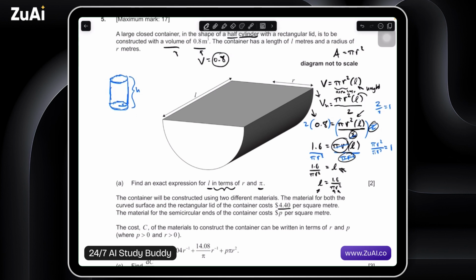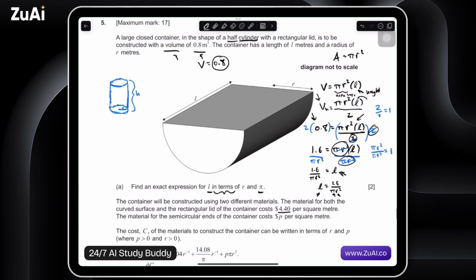So, let's see. The container will be constructed using 2 different materials, the curved surface and the rectangular lid. So what is the curved surface and the rectangular lid? The curved surface is of course this right here, and the rectangular lid is this. That doesn't show up too well, so maybe I'll write it here as well.